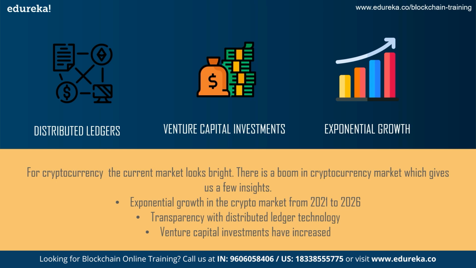And venture capital investments have increased over the past few years. This means that instead of investing all your money with one vendor, you can use more than one vendor to best meet your needs, right? So these are the market trends where you can see that distributed ledgers are increasingly being used, there's investment in venture capitalism, and an exponential growth in the market for crypto in general, right?